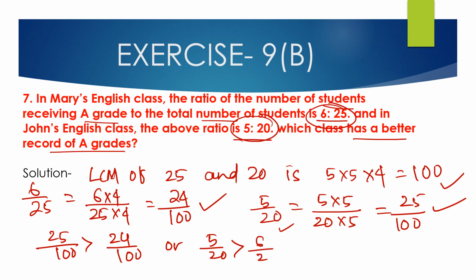So 5 divided by 20 is greater than 6 divided by 25. So which class has a better record of A grades? That is 5 divided by 20, that is 5:20, which is John's class. John's English class has a better record of A grades.